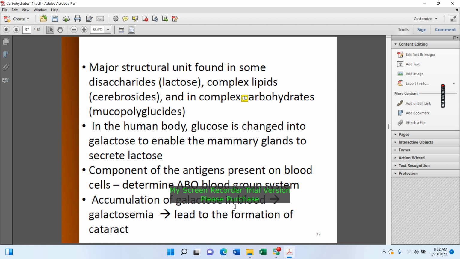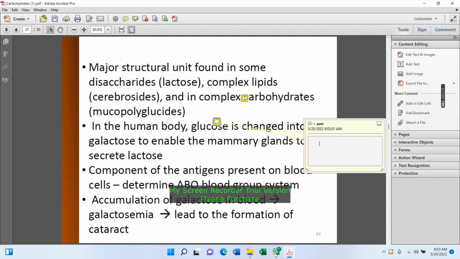Accumulation of galactose in blood causes galactosemia, leading to the formation of cataract. So you might be asked where you find galactose in the body. Even in the mammary glands, galactose is present.